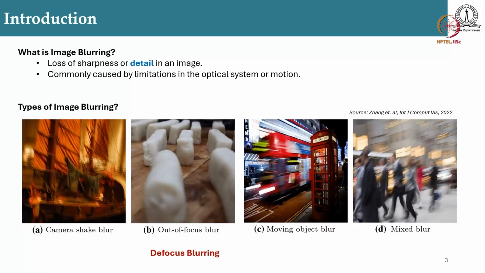As I discussed in the last slide, there can be a lot of reasons for blurring to happen. I am depicting some types of image blurring here, just to make you realize that you must have seen these kinds of images, but I want to emphasize the reason behind each kind of blurring. The first image here is because of camera shake blur.